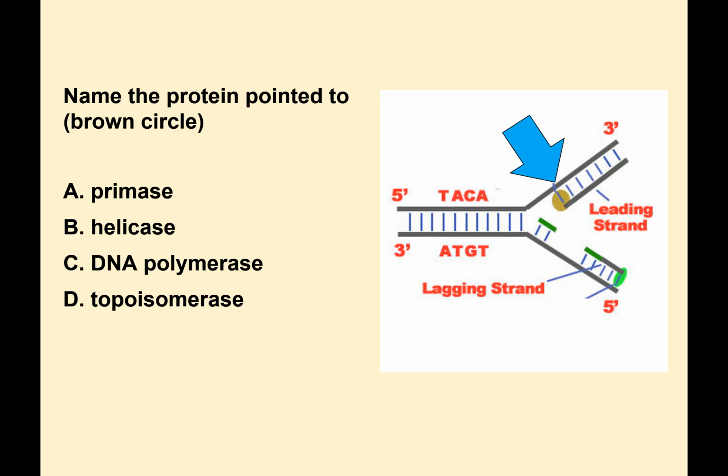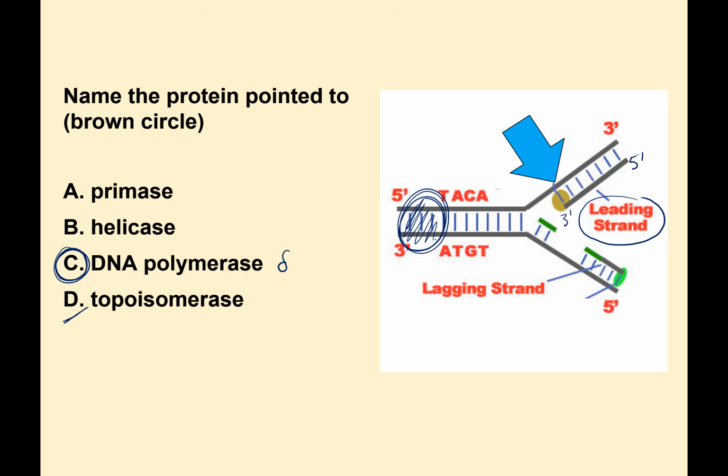Name the protein pointed to the brown circle. So what you should be looking at is, okay, this is the leading strand, 5' to 3'. This must be my DNA polymerase. And if you wanted to be super accurate, it would be DNA pol delta. Topoisomerase would be up here somewhere, right?